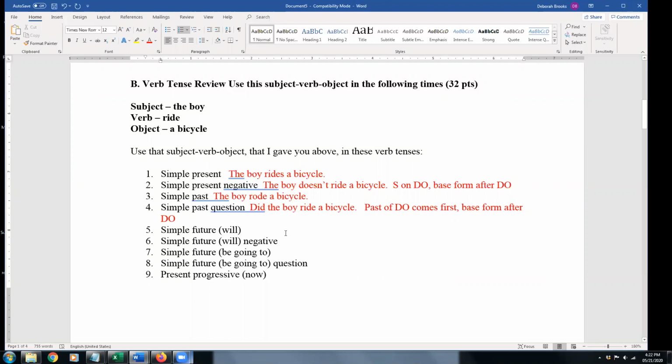Simple future with will, the boy will ride a bicycle. Base form after will. The negative of will, so will ride, and you can say will not ride, but we usually don't. We usually say won't ride.